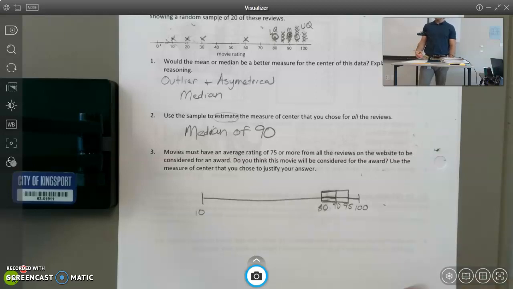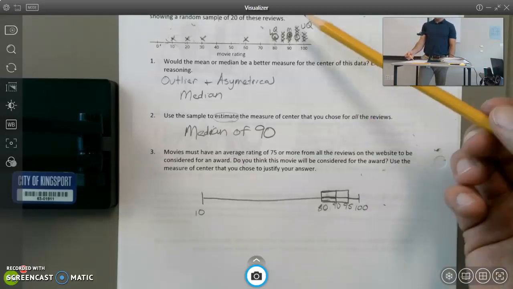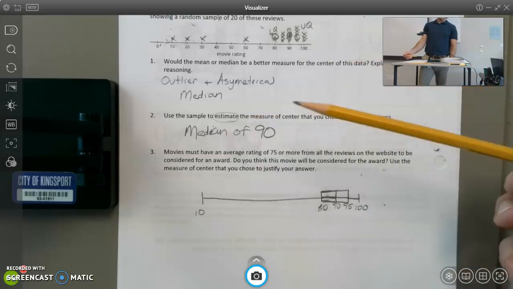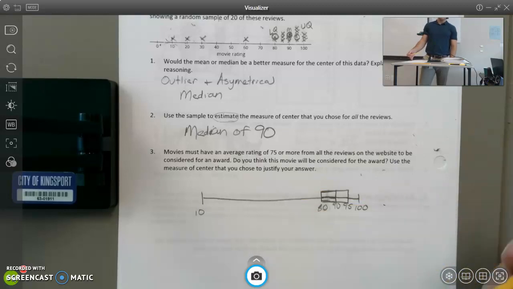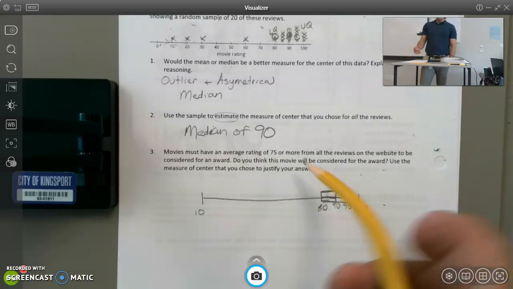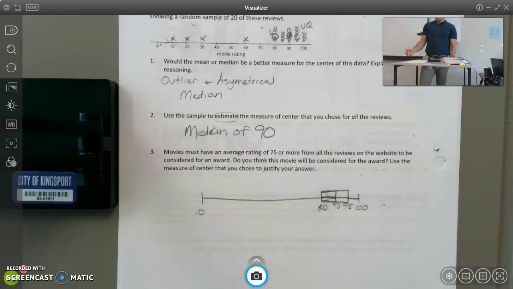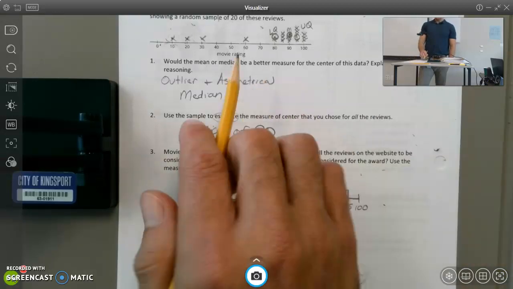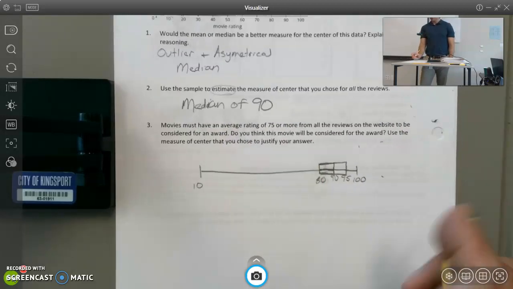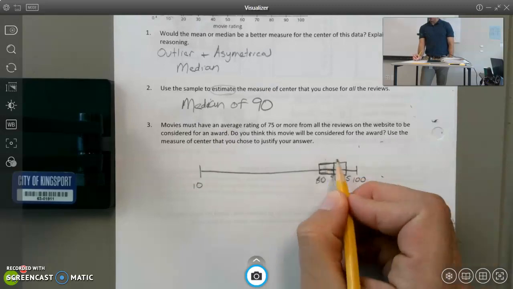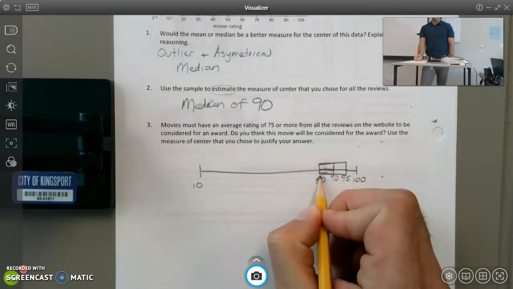Now, if I was to use the mean, I'm pretty confident that the mean for this would be below 75, more than likely. I don't know what it is. I didn't calculate it. But when I use the median, as is appropriate based on the shape of the data and the fact that we have some outliers, I can look at this and see that 3 quartiles are above 80.